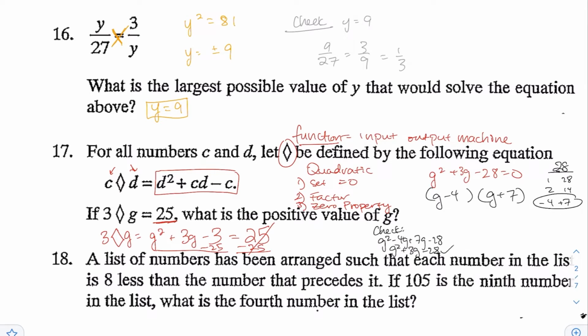And then you use the 0 property, because either G minus 4 is equal to 0 or G plus 7 is equal to 0, because you have a product of two numbers, so one of them has to be equal to 0. So that gives you 4 for positive G or negative 7 for G. Specifically with the positive value, so that would be G equals 4.